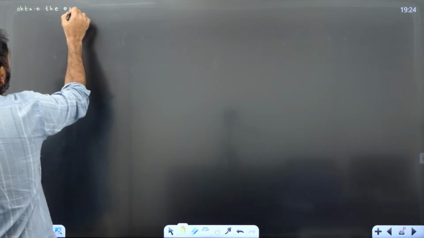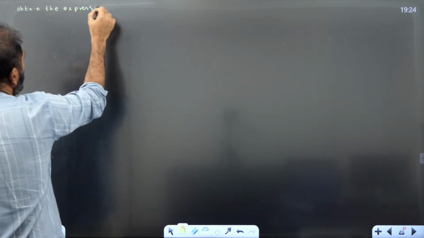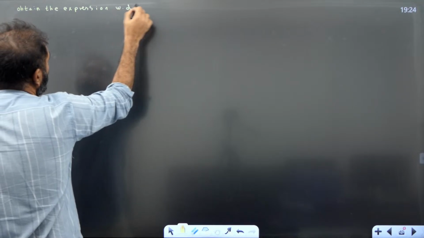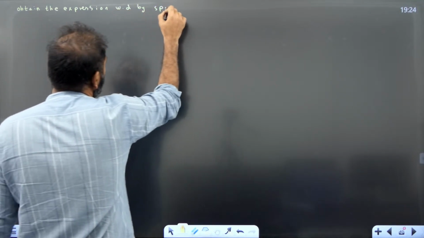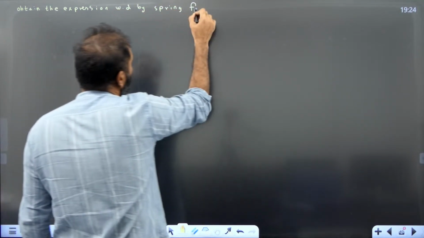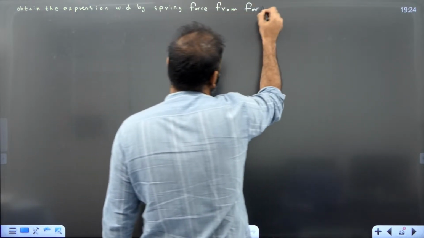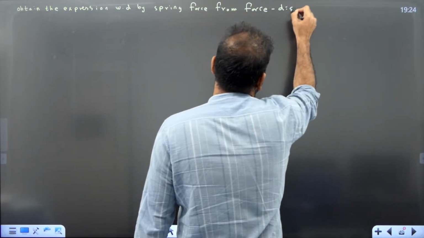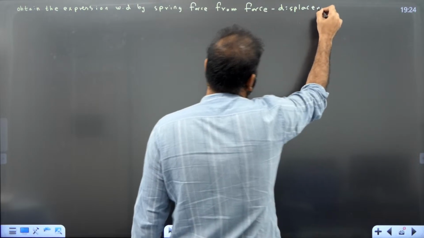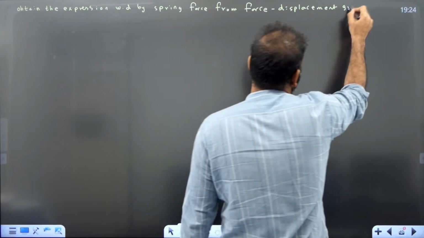Obtain the expression for work done by spring force from force displacement graph. From which graph?